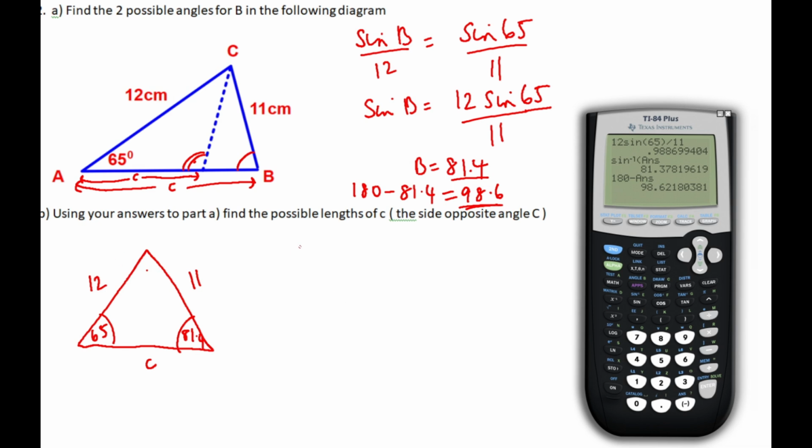So what I'm going to have to do is 180 minus these two angles, so 65 minus the 81.37. I'll just do a few more decimal places so we get it a bit more accurate. So that'll be 33.62.